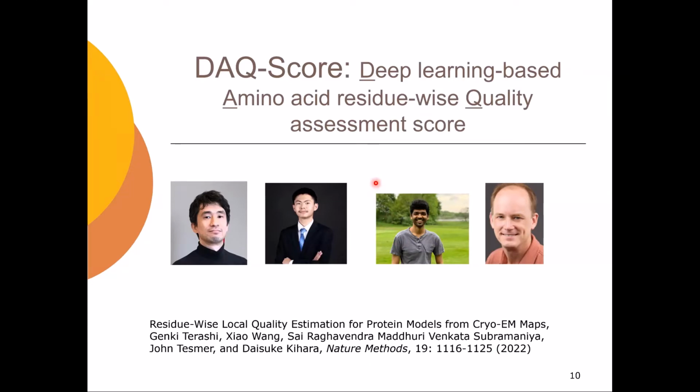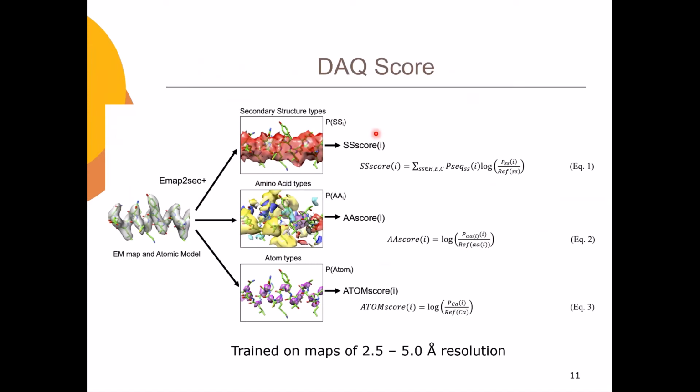So we applied this deep learning for detecting potential errors in the protein model. It's a deep learning based amino acid residue-wise quality assessment score, the DAQ score. So the idea is that the input is the density map and the protein structure model.